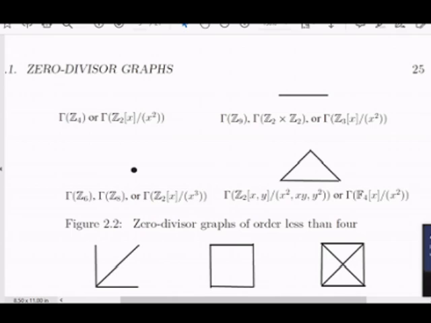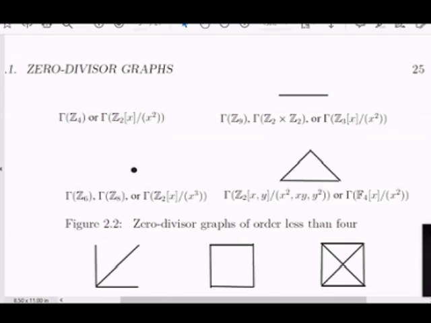Up to isomorphism, there are only two. So I have two rings: Z4, and the polynomial ring with coefficients from Z2 modulo the ideal generated by x squared.